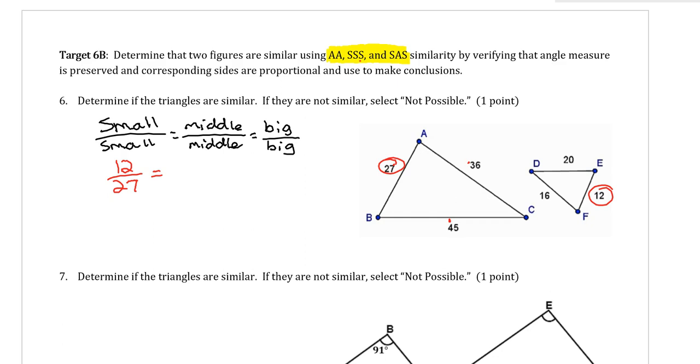Middle over middle. My middle number then over here is 16. My middle number here is 36. Then big over big.